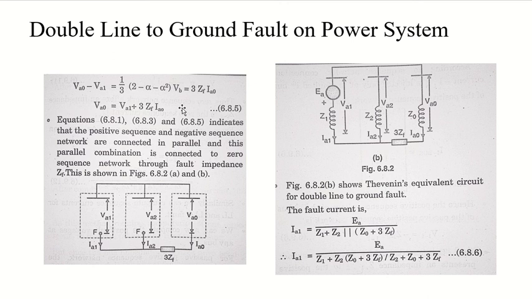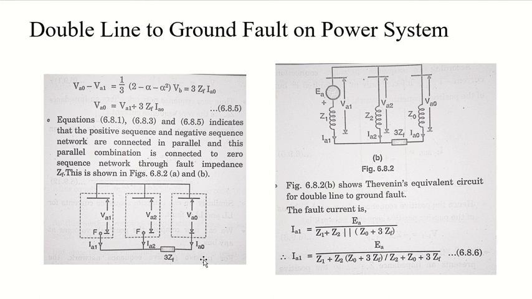So how can you represent it? You can represent it via this circuit diagram. See, VA1 and VA2 are in parallel, right? And then this whole circuit is connected in parallel to the zero sequence network through my fault impedance. So we have the zero sequence and fault impedance in series, and that is in parallel connection to my VA2.